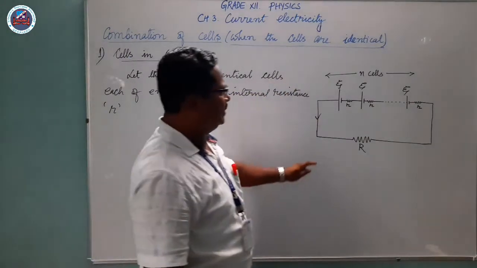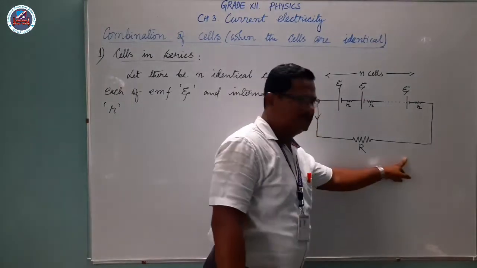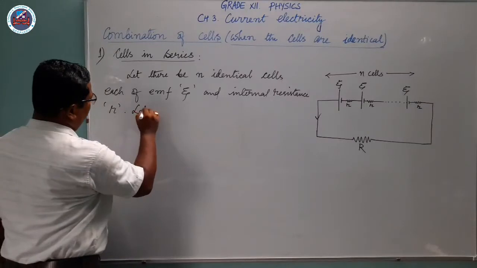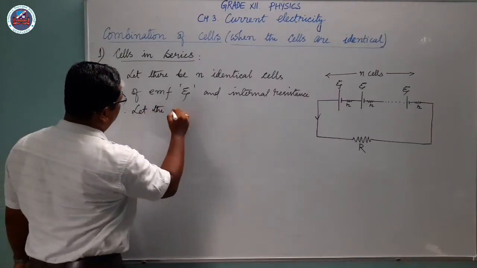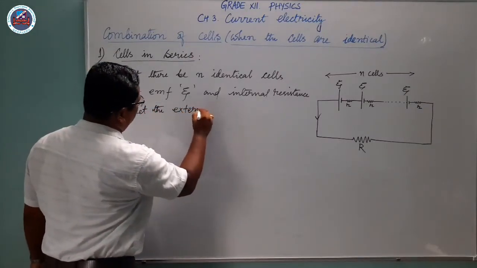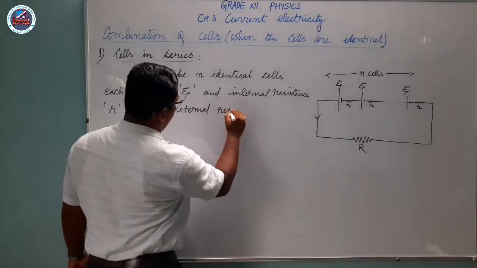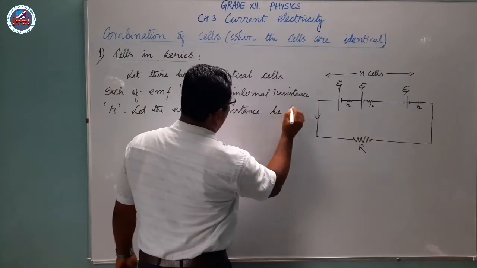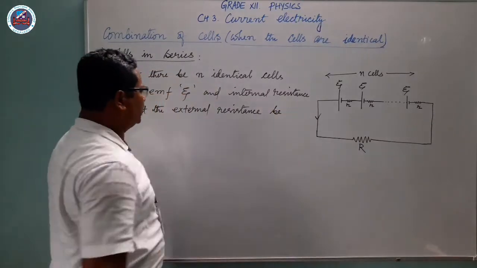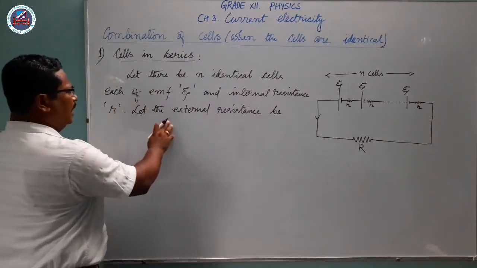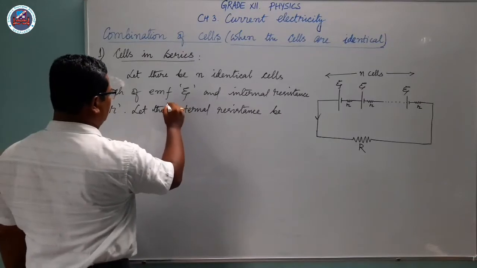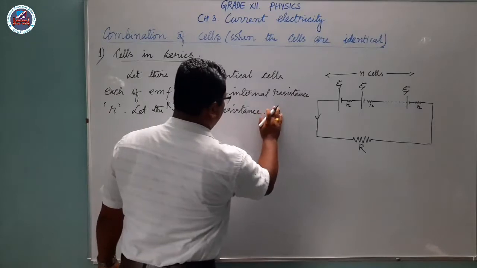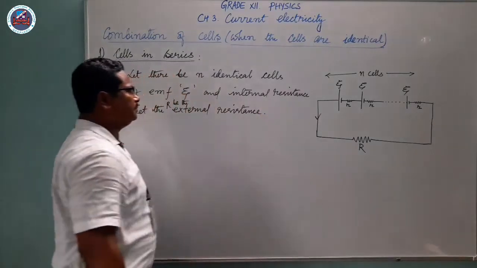Let the cells be connected to an external resistance, capital R. Let R be the external resistance. This way you can take it.